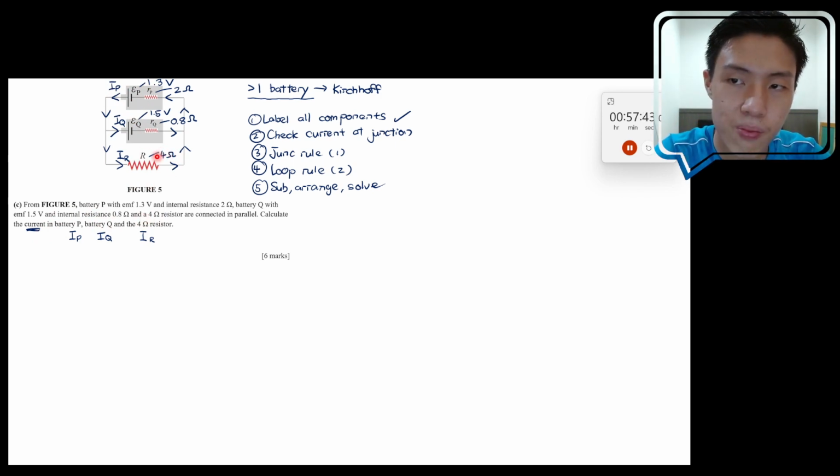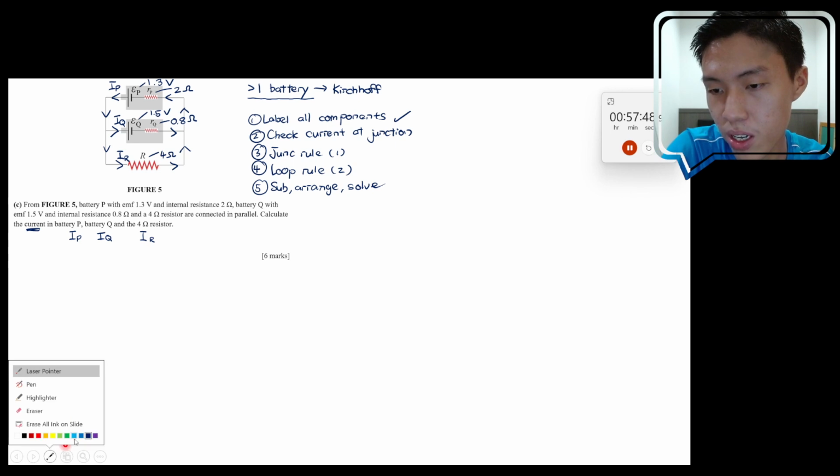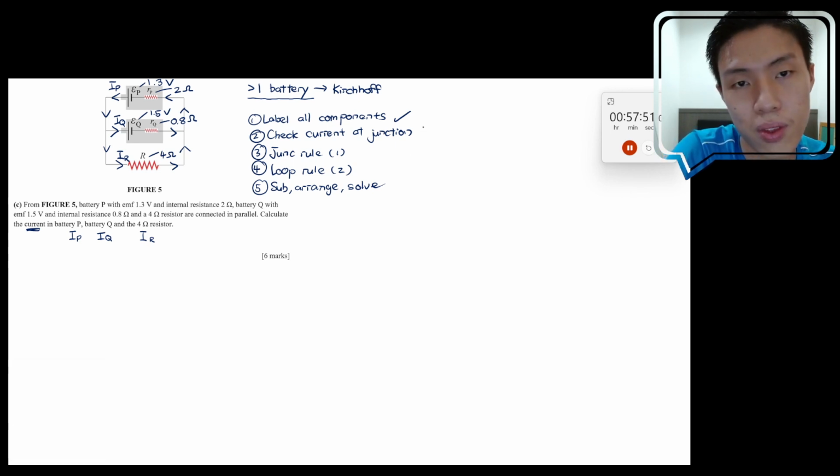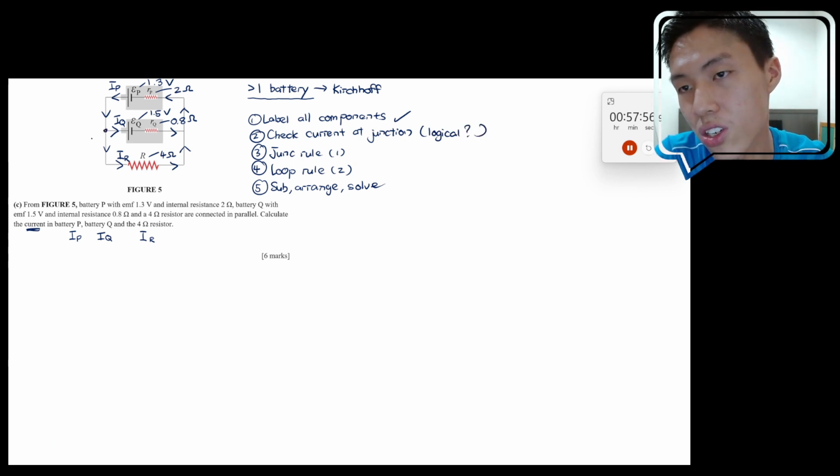When I say check current at junction, you need to check whether it's logical or not. What does logical mean? You focus on one of the junctions, you have to see, is it all in or all out?